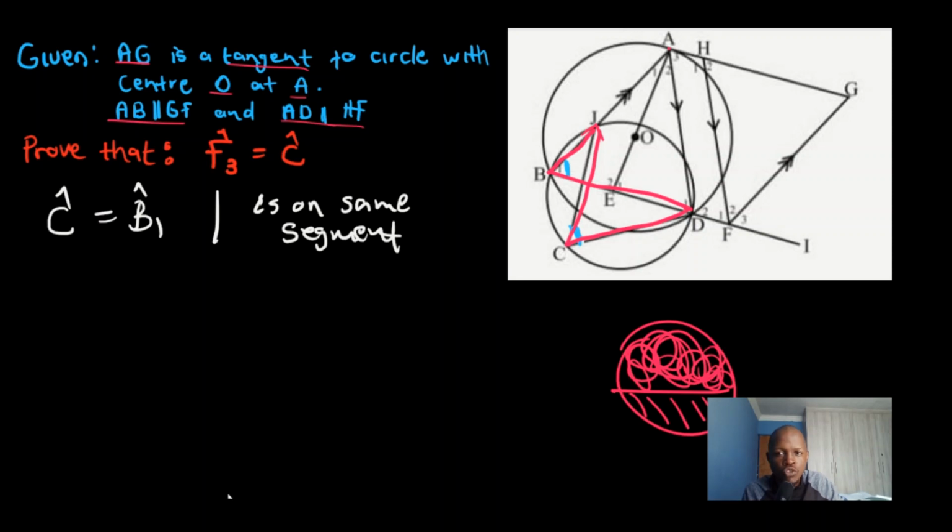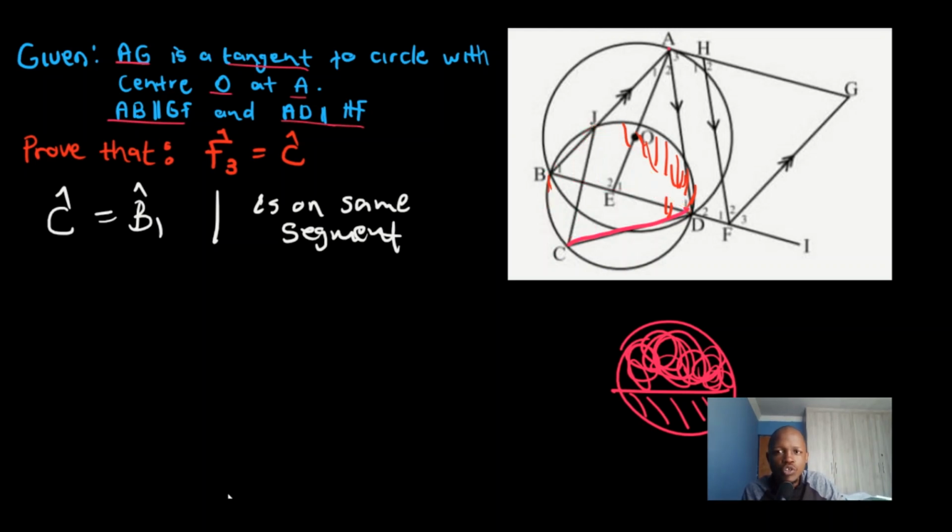So when you say that angles on the same segment, we basically mean that if you draw the line from here to here, there's a segment here. So these angles are on the same segment. They share the same segment. Hence, this would be equal to this. And this chord here creates another segment here. They share the same segment. Hence, this angle here will be equal to this angle. So I hope you understand the reason why we say angles on the same segment.